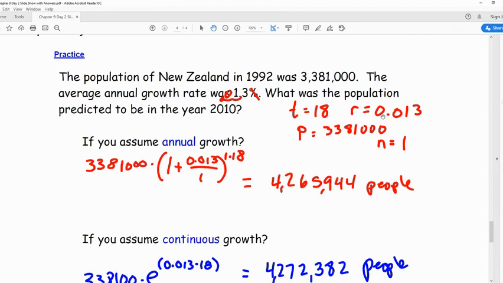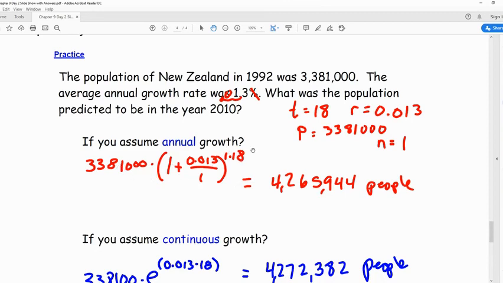R, our rate as a decimal. So move the decimal point 2 places because it was percent. So 0.013. The principal amount, so the starting amount in this case, is 3,381,000. And the n, if we're talking about annual growth, the n is going to be 1.